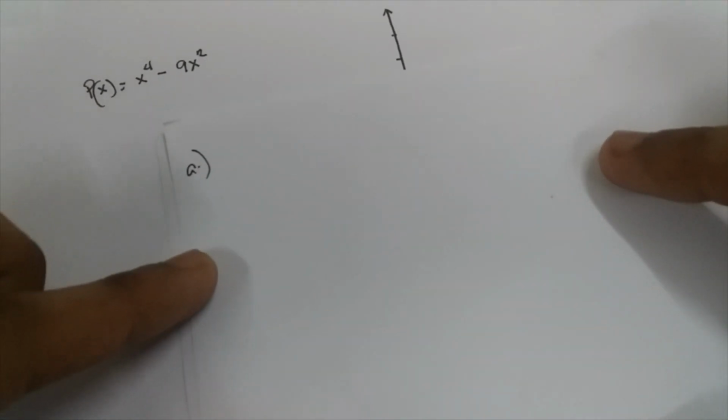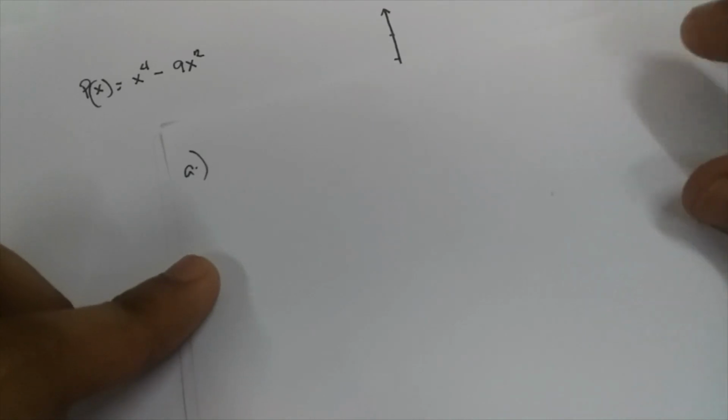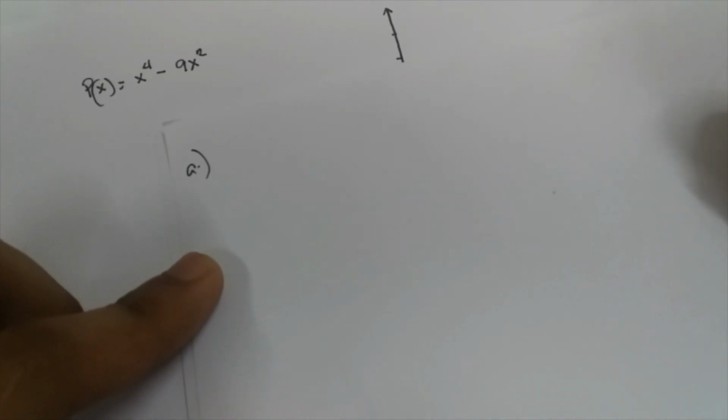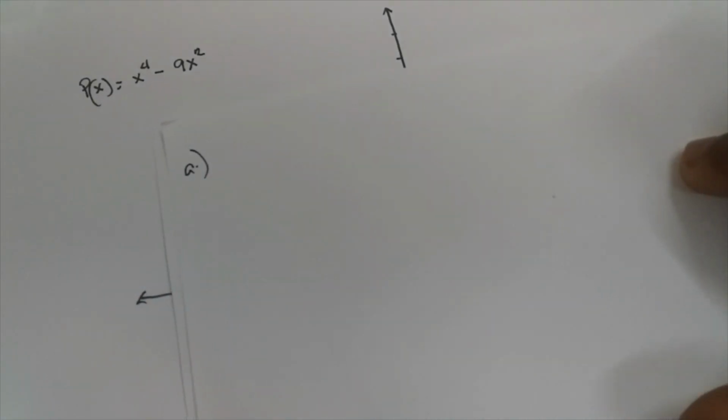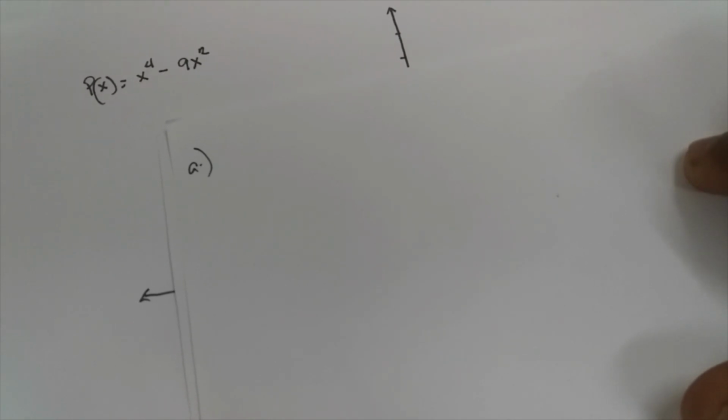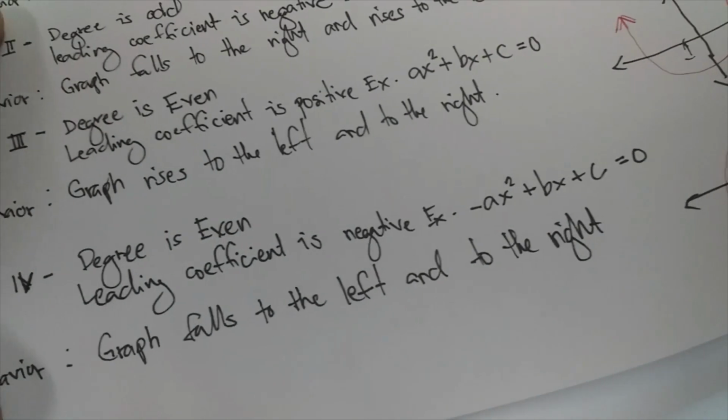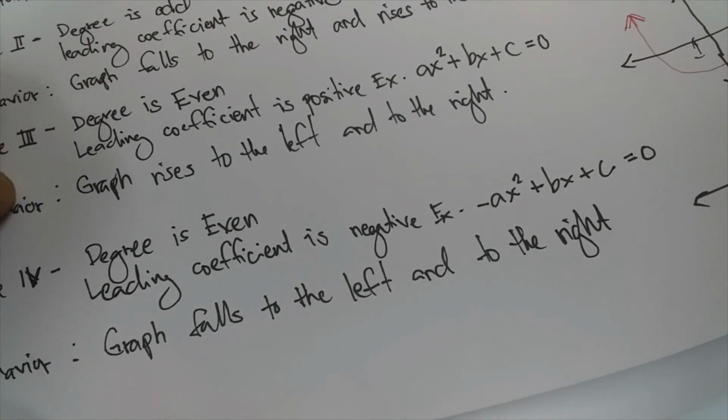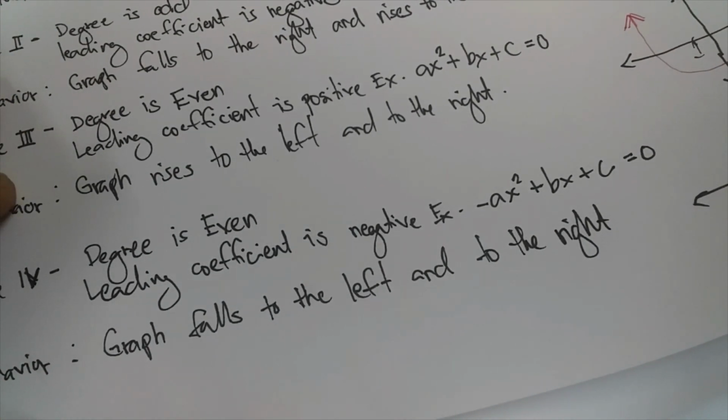So the degree is even and the leading coefficient is positive. So that is type 3. Okay, as a review, the degree is even and the leading coefficient is positive. So the behavior of the graph, it both rises to the left and to the right.